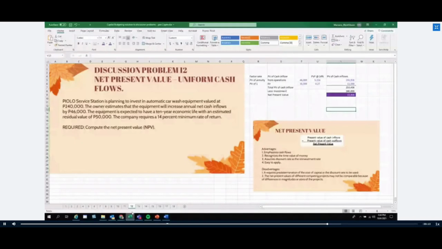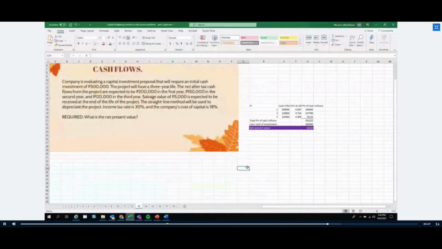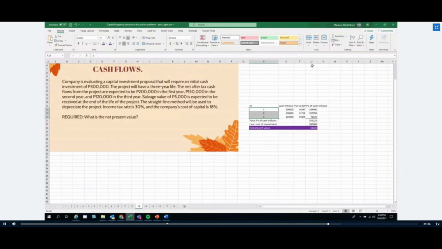So dito class, remember kasi 'di ba kanina sabi natin if it's even cash flow, ang ginamit natin is present value factor of an annuity of 1, no? But in this case kasi nga yearly and nagbabago yung cash flow natin, it's uneven, so we have to use the present value of 1.